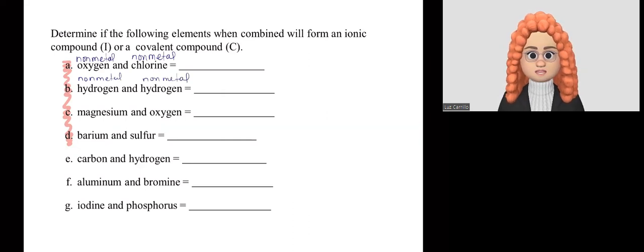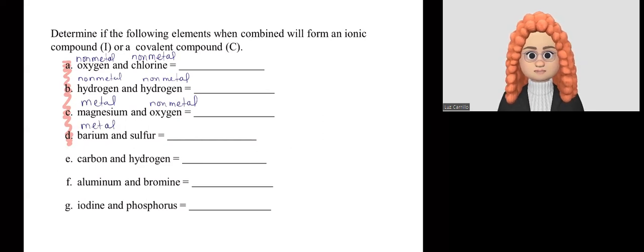In letter C, magnesium is to the left of the metalloids, so this is a metal. Oxygen, as we already determined in letter A, is a non-metal. Lastly, barium is a metal element because it's to the left of the metalloids.